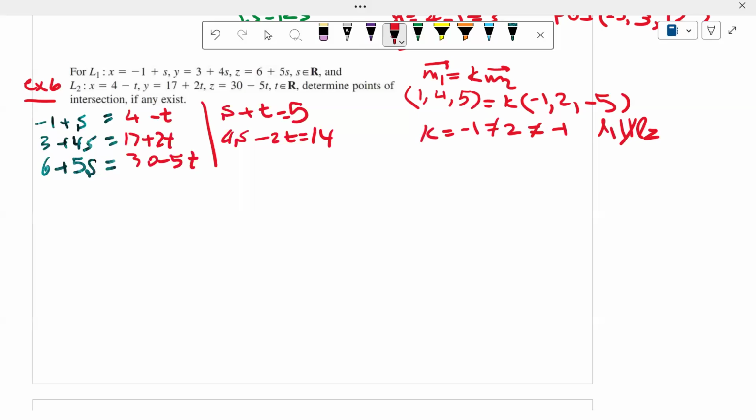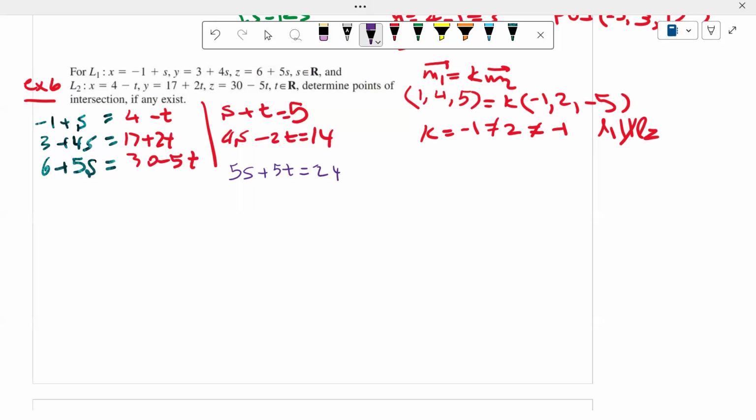And you know what? I'm going to write it down, but with a different color. So I have 5s plus 5t is equal to 24. This is the third one. Now I'm going to choose the first two because it looks easier.